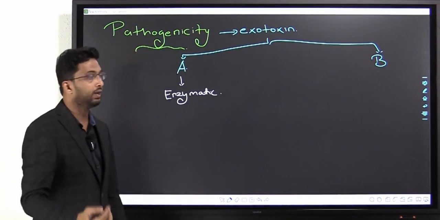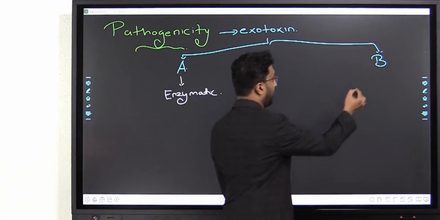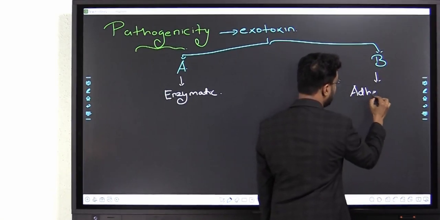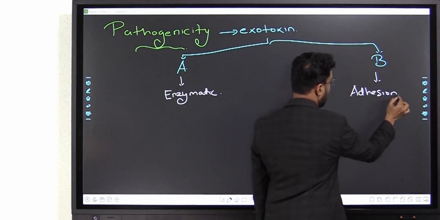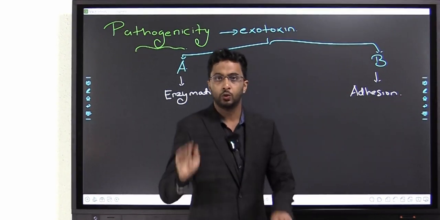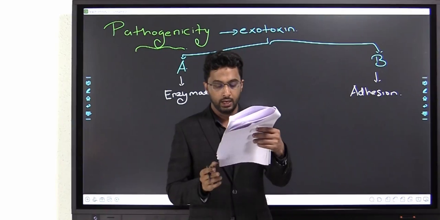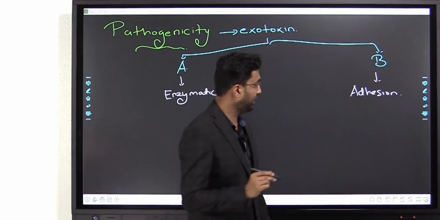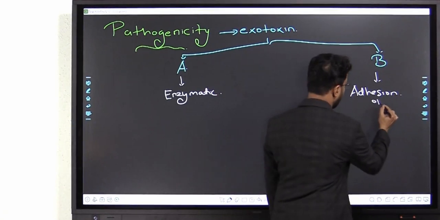What enzymatic activity? I'll tell you. And fragment B helps in adhesion of the toxin, not the bacteria, adhesion of the toxin to the receptors of the cells. Or binding of the toxin to the receptors of the cell.